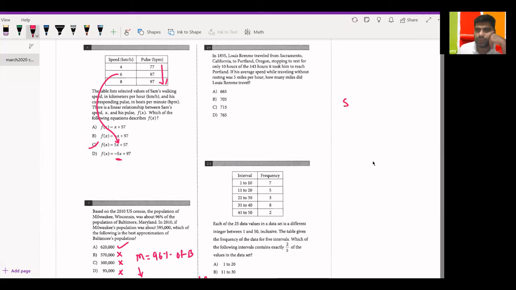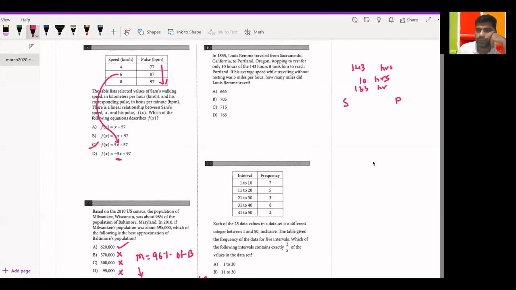Sacramento, California to Portland, Oregon. So from 143 hours, he stopped only for 10 hours, so he drove for 133 hours.